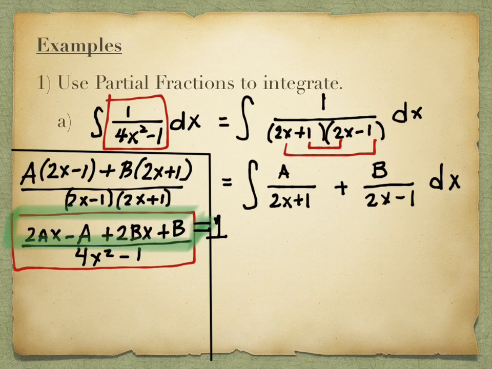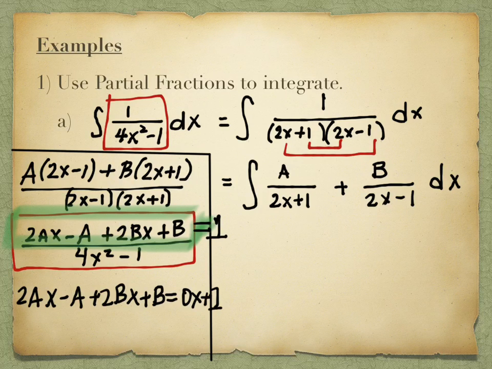So what I really want is 2ax minus a plus 2bx plus b to equal 0x plus 1. And what that means is that all the terms with x in them have to add up to 0, and all the terms with just a constant in them have to add up to 1.